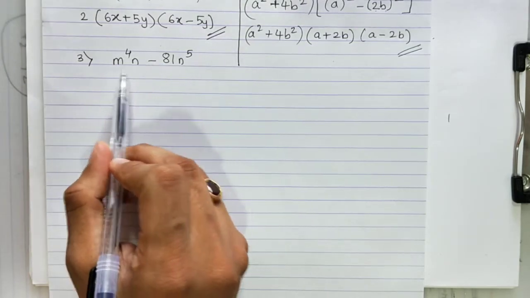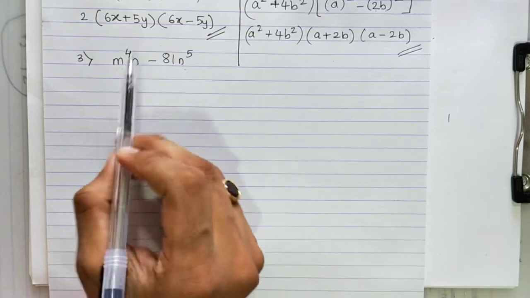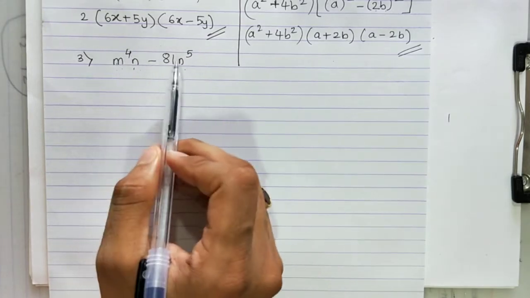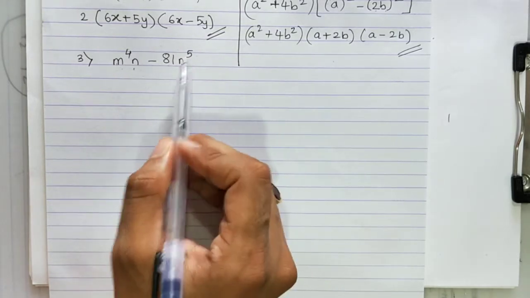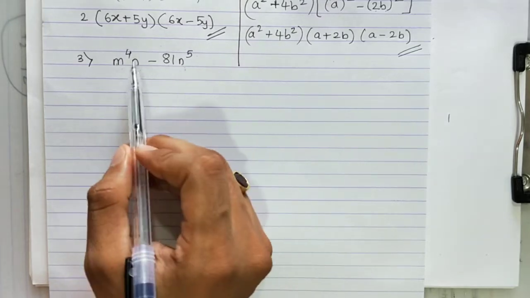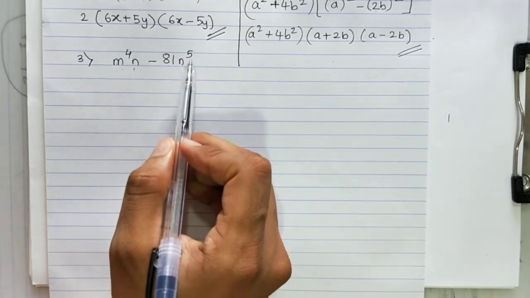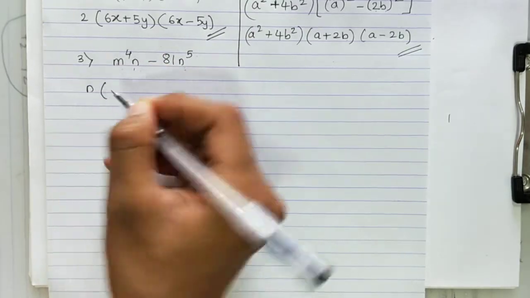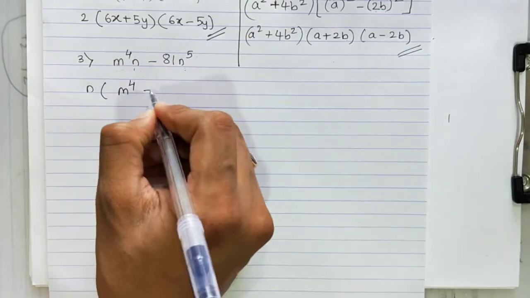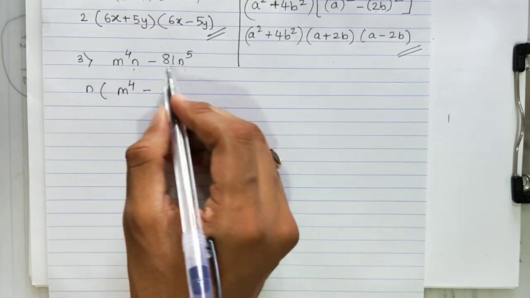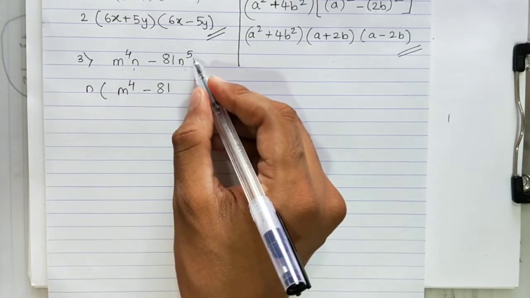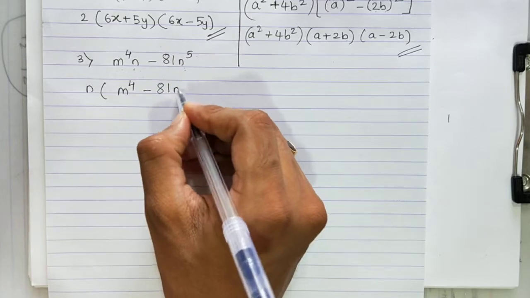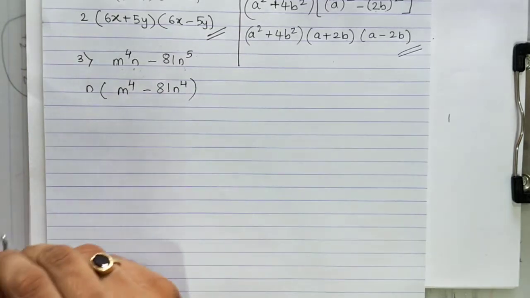If there is anything possible to take common, I'll do it. So here you see m4n, 81n5. So 1n can be taken as common. So there is 1n here and there is 5n here. So I'll take 1n common. 1n is taken common. From n raised to 5, 1n is taken common, then n raised to 4 will remain.